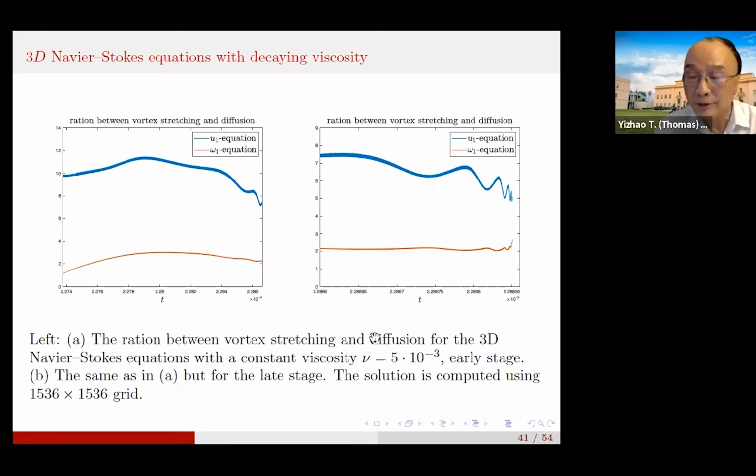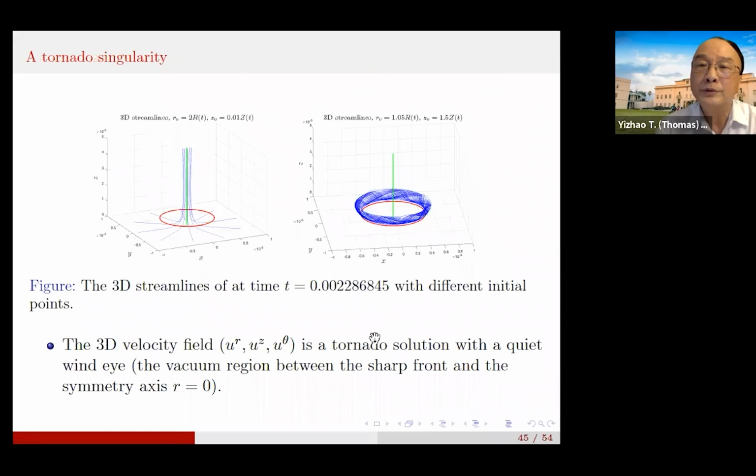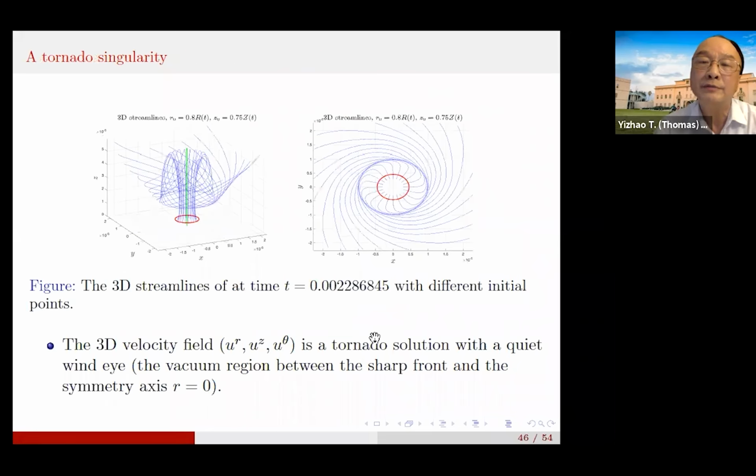The R and Z ratio becomes large, which makes diffusion dominate eventually. That's why I need to decrease the viscosity coefficient to maintain the balance. I think that's more key than the vorticity vector itself, because the vorticity vector is spinning like crazy near the center of the tornado.